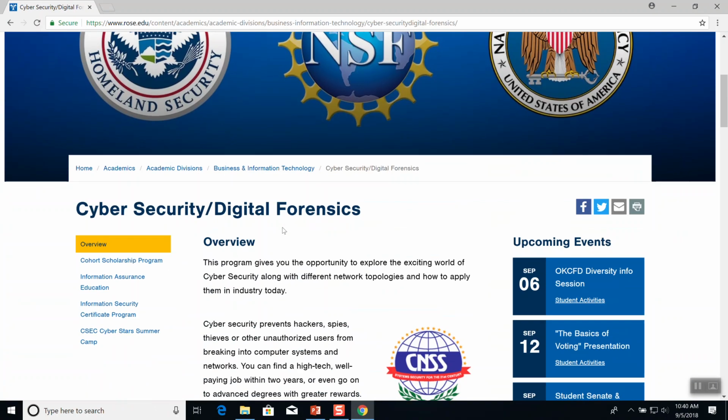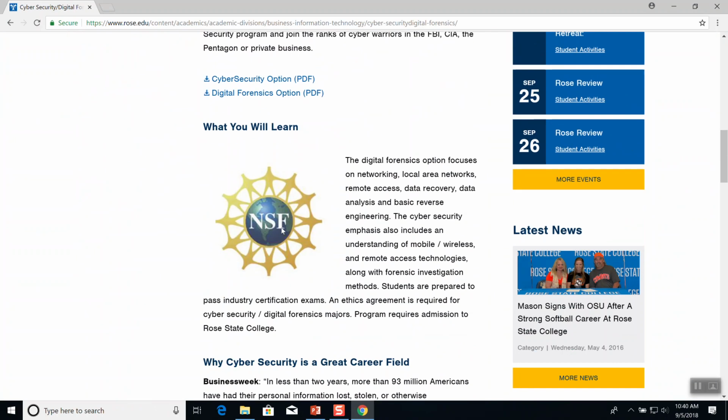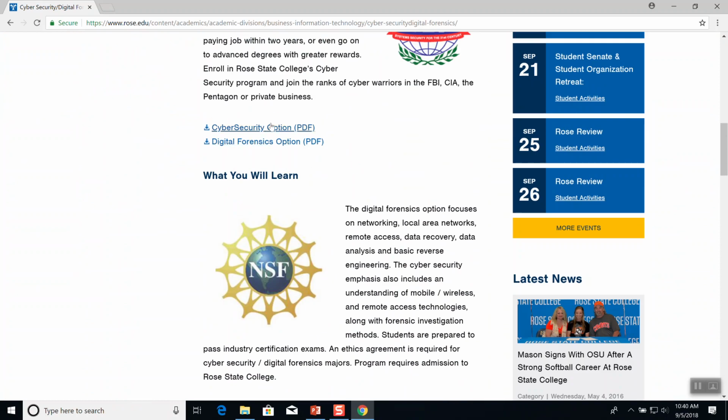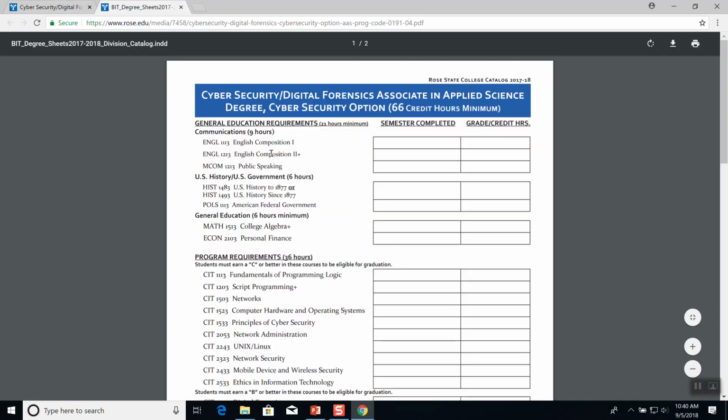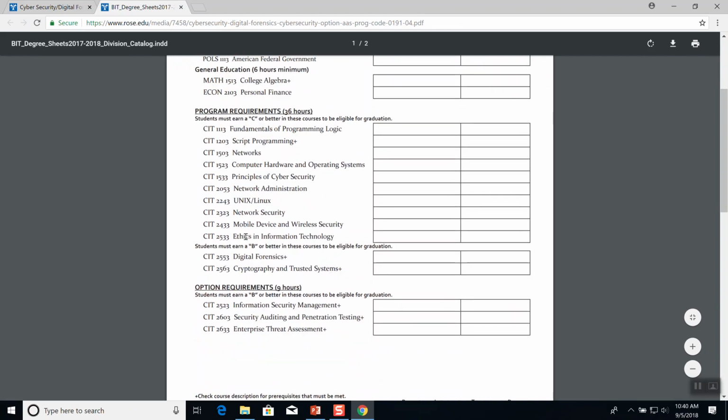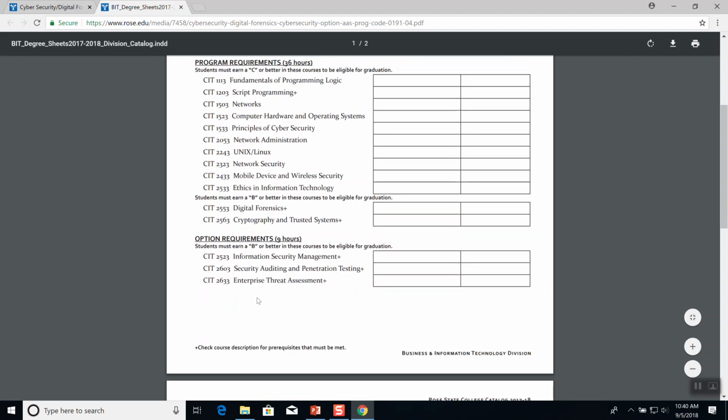Cybersecurity, digital forensics. I'd like for Cali to be here someday. Cybersecurity option, digital forensics option. They got mobile device and wireless security, ethics and information network security, Unix. They have a lot more than this.